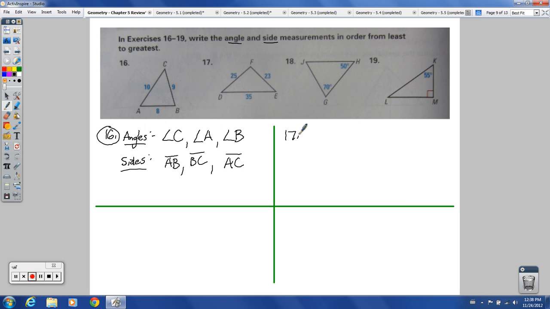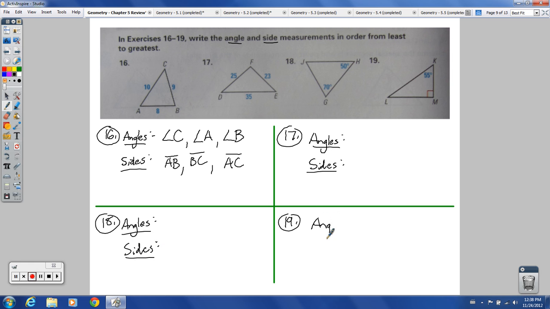So we're doing the same thing with each one of these here. So 17, same idea, angles first, sides after that, and I'll just do that for 18 and 19 while I'm at it. Just write down angles and the sides.